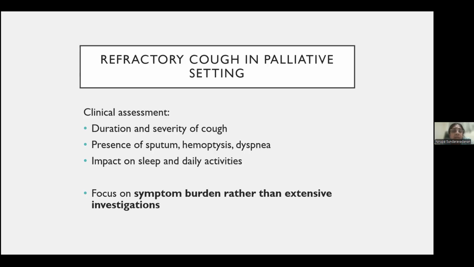Again, in palliative care, we focus on the symptom burden and we try to see how we can rehabilitate and help him with these symptoms rather than getting into extensive investigations, because it's possible that the investigations have all already been done and we know the underlying disease and we know that the underlying disease can't be reversed. So no point in repeating things over and over again, but focus on the cough, take a very good history, talk to them, find out how this cough is affecting them and what you can suggest to make that particular thing better for them.